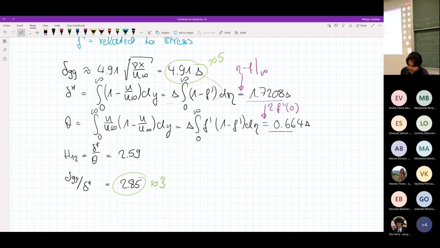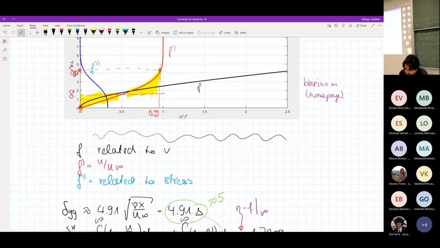Okay. Now that we have all of this, I guess the next question would be, what is the friction in this boundary layer? So what is the shear here? Because with this we can then start to estimate the shear stress or the total force that you would have if you have a flat plate moving in a fluid.